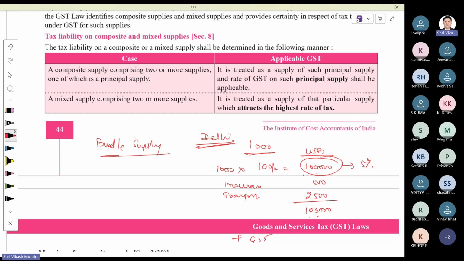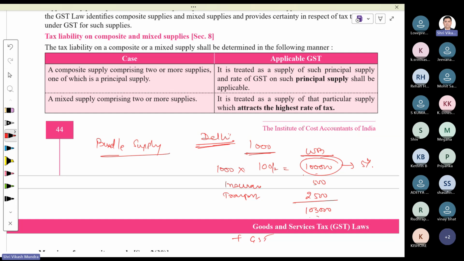Can I say that I am supplying pens as well as I am also providing certain services to the buyer regarding insurance and transportation? Can I say I am selling a bundle supply? I am providing a bundle supply to my customer.